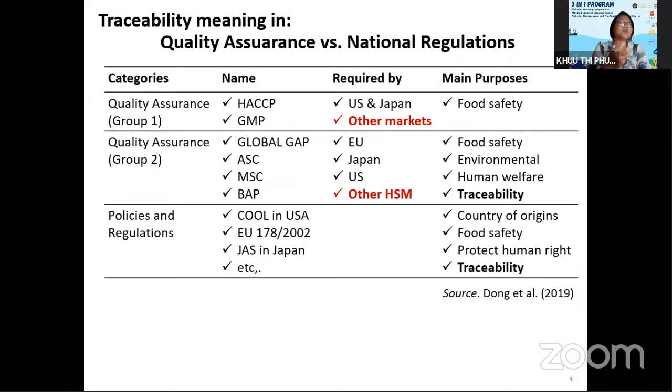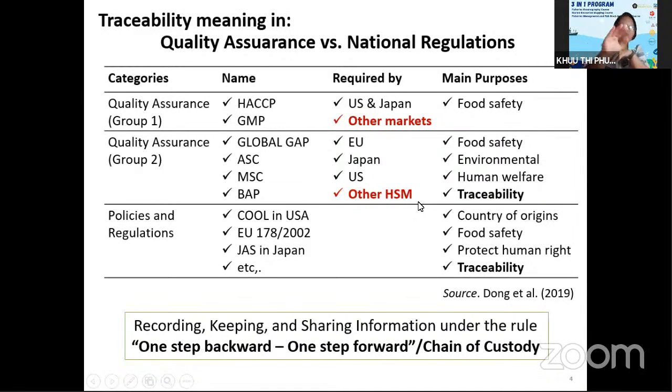This means that quality assurance actually is not national regulation. The fact is that quality assurance group 2 is not regulation or policy, but the quality assurance schemes have been issued based on the policies and regulations.